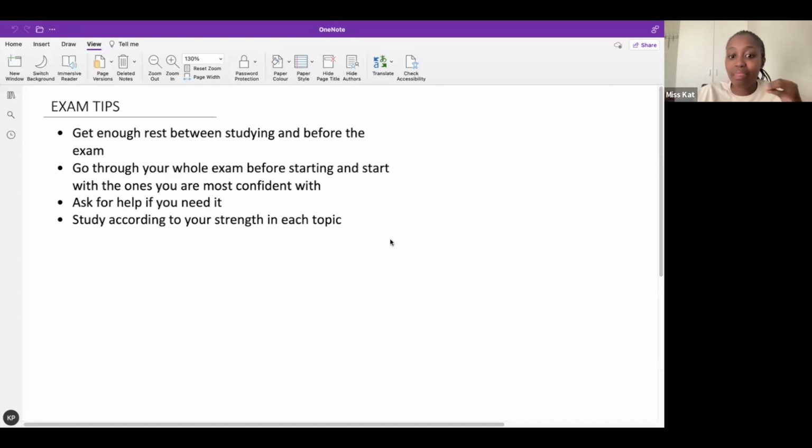And the one that you really struggle with, spend more time in there, following that and fixing it and learning it, asking questions about it. It doesn't help to study all topics for the same amount of time when you're stronger in others. Okay, guys. So, yes, Tando?